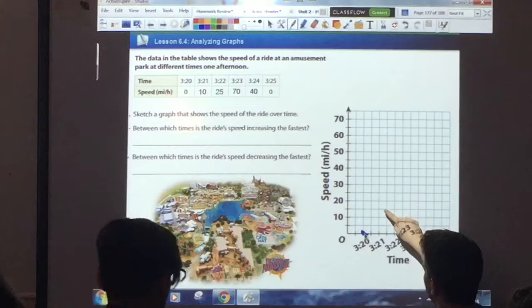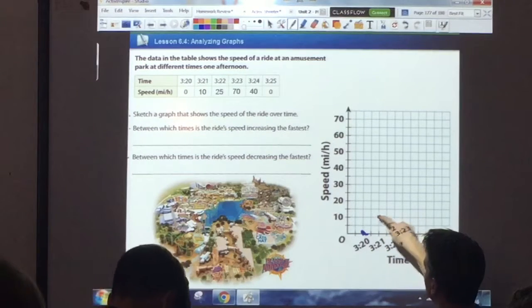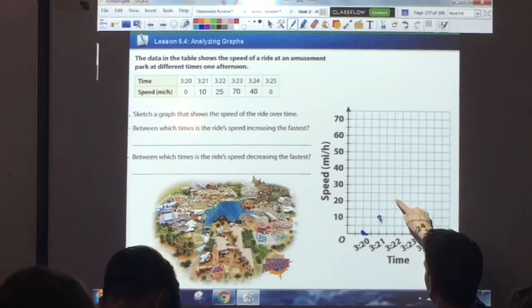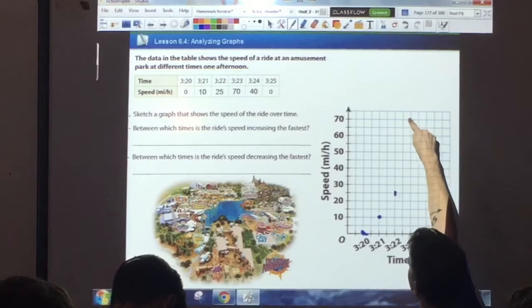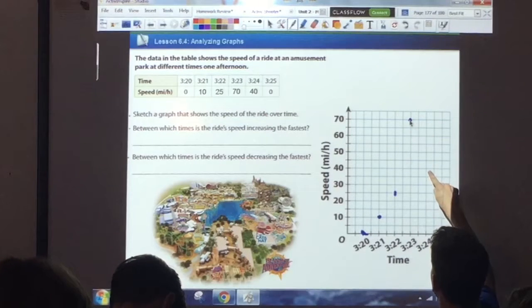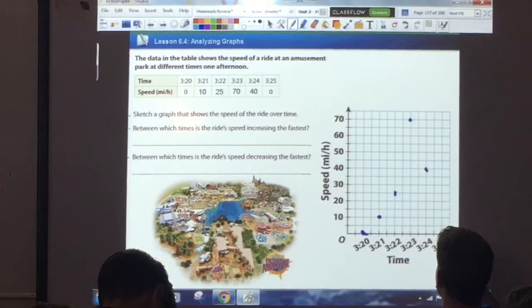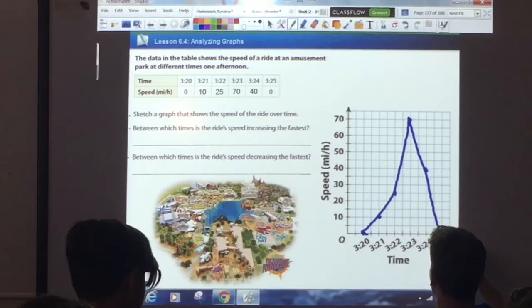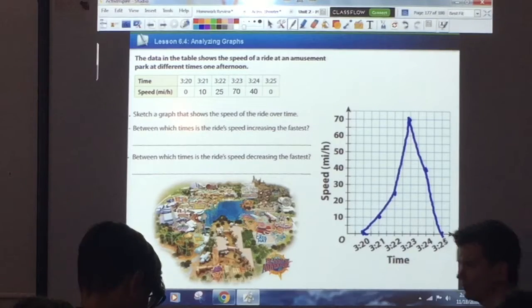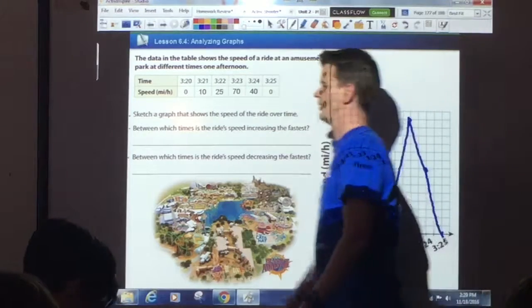At 3:21, it's going 10 miles per hour. At 3:22, it goes 25 miles per hour. And then you keep on repeating the process. 3:23 goes to 70, then it goes down to 40, then all the way back to 0. You can connect these with a line, and you see how the speed of the roller coaster changes over time.